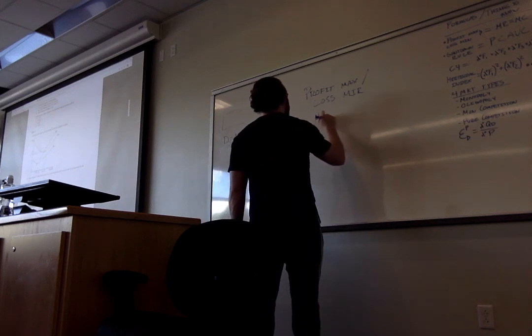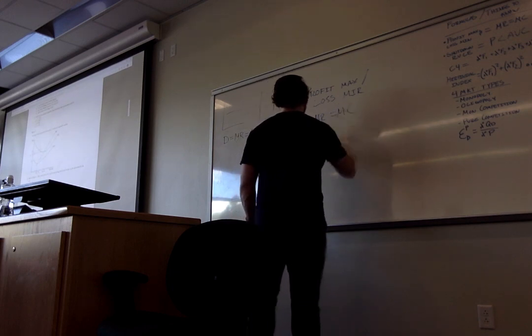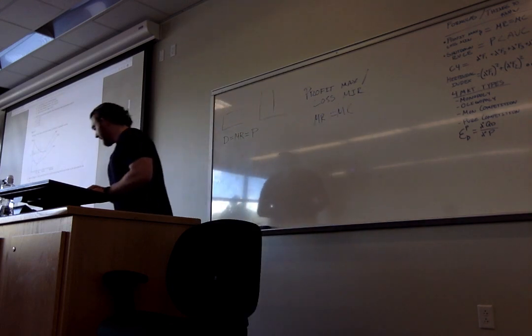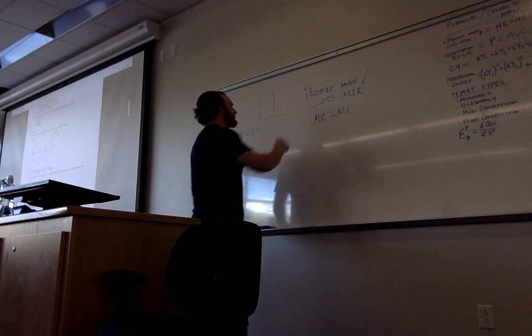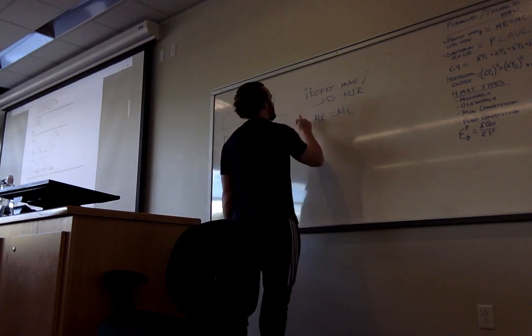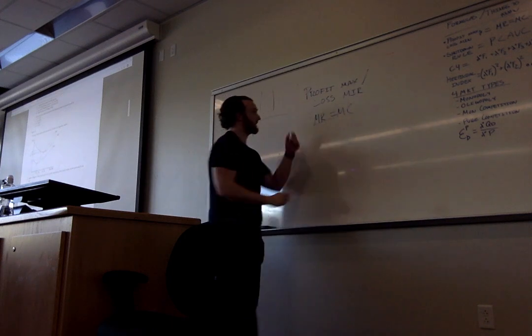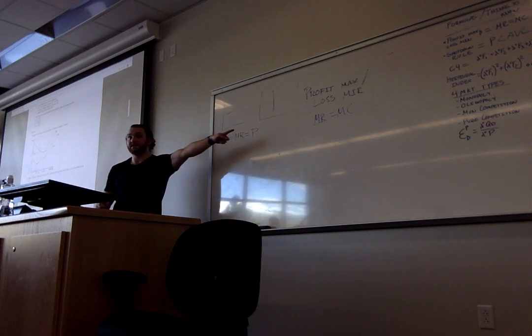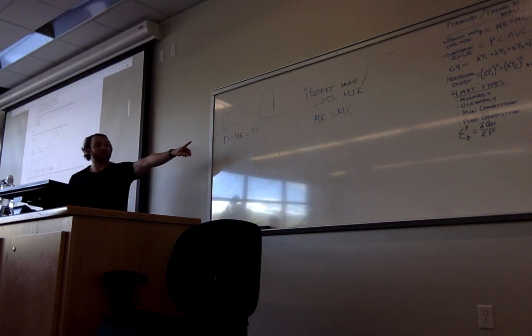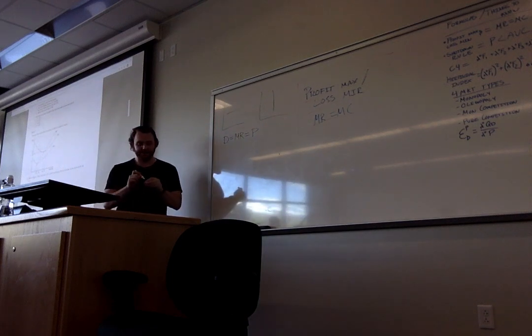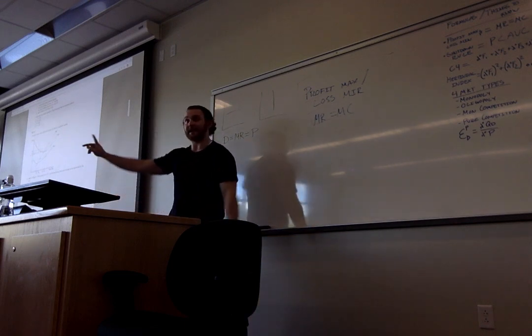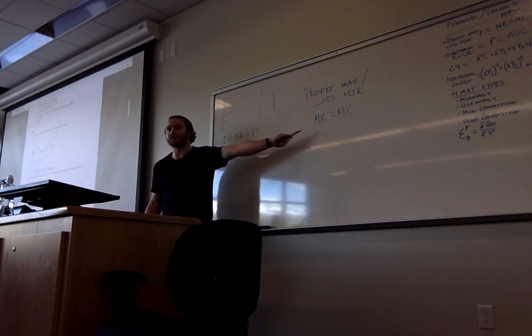MR equals MC. Good job. Please hammer that one into your head. Everybody write it down, circle it, underline it, because outside of that chart, this is probably going to be the most useful thing on the exam.